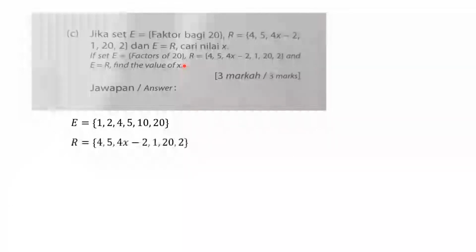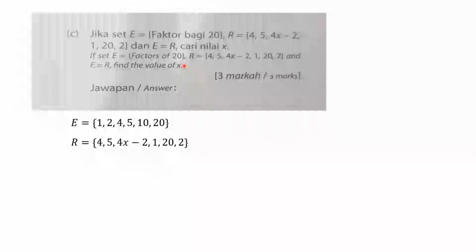For 8C, the first information given is that set E is the factors of 20. So you can just list it out. And the second info is set R, and you can also list it out.